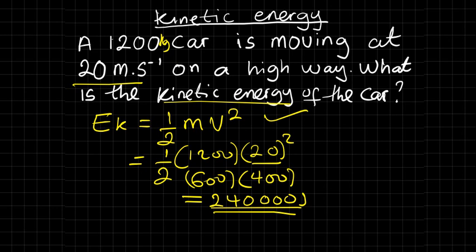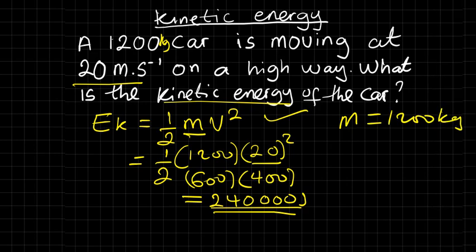So now from the question, we can see that we have the mass, which is 1,200 kg. And we also have the velocity is given, which is 20 meters per second.